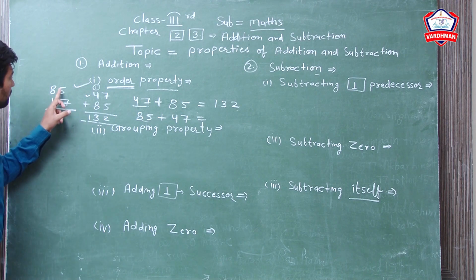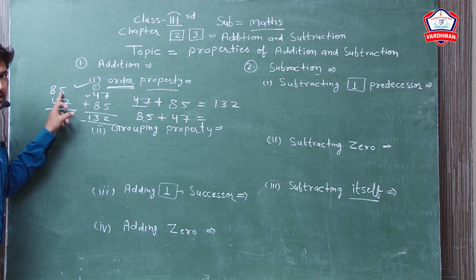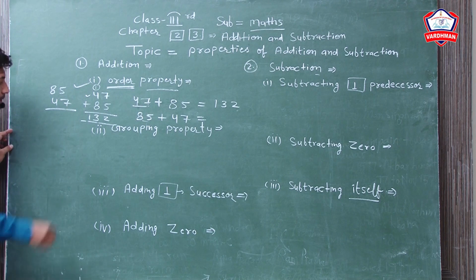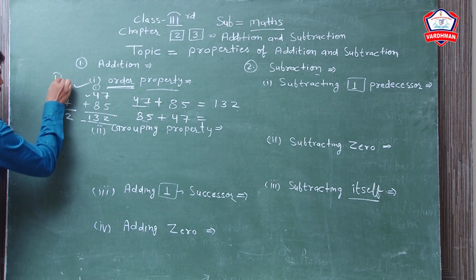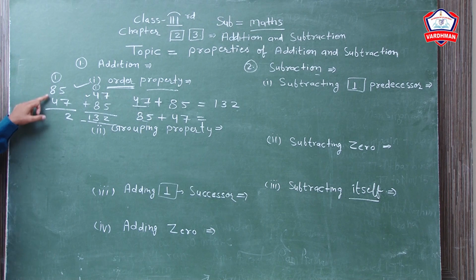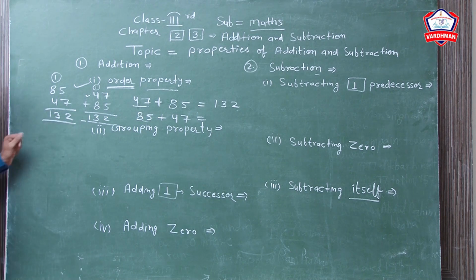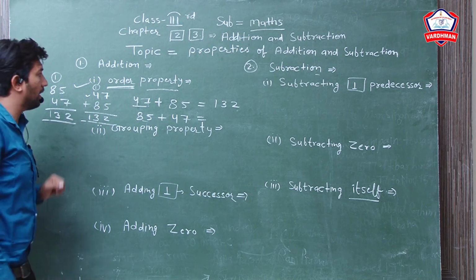First is 85, second is 47, 5 add by 7 is 12, 1 is carried, 8 add by 4 is 12 and 1 is 13. What do you find? The resultant is 132.